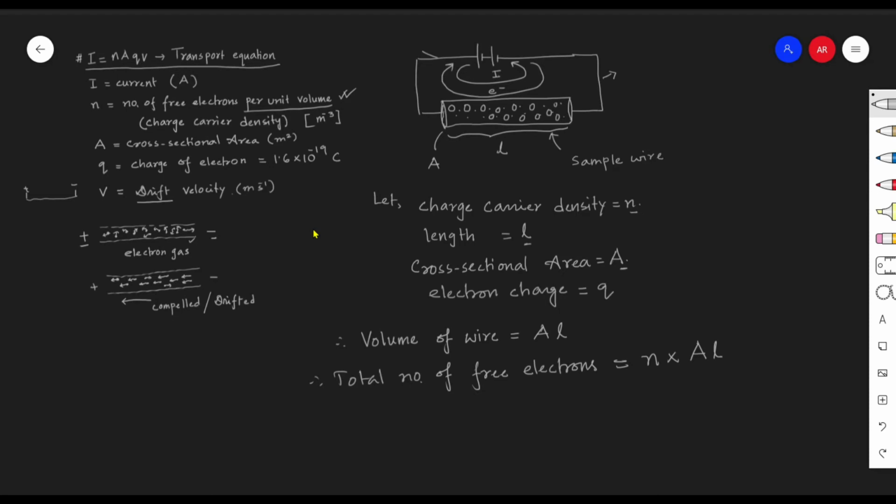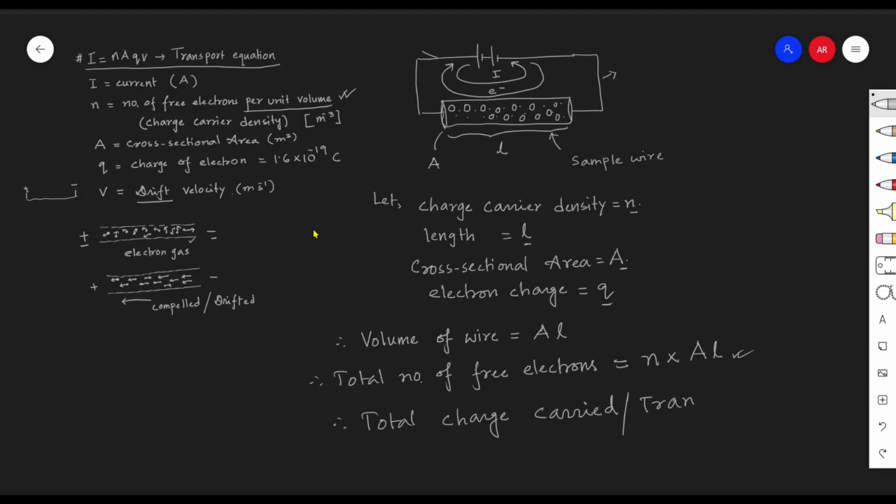One electron carries a charge of Q. So what is the total charge carried or transferred? Not the charge carriers, the total charge. Charge carriers are these many electrons.